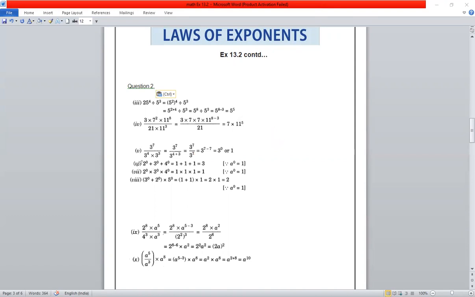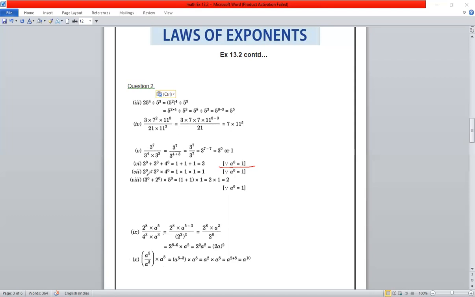Let us go to the next one, that is the sixth question. That is a direct question here. Any number to the power 0 is 1, plus 3 to the power 0 is again 1, plus 4 to the power 0 is 1. So here we have addition. Let us add these, 1 plus 1 plus 1, that is 3. What I have done is I have used a to the power 0 is equal to 1.